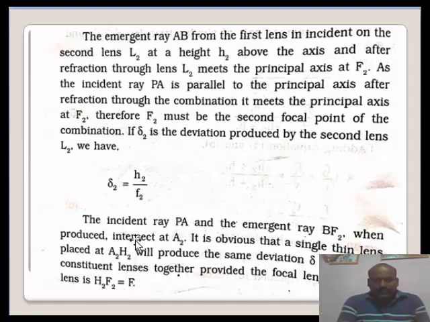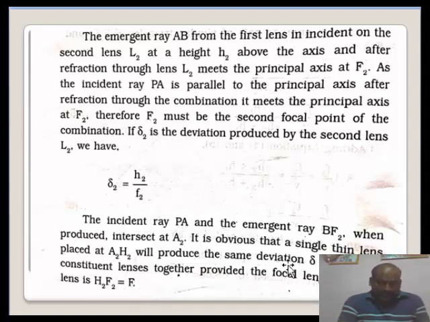When the produced rays intersect at A2, we can see in the diagram that they meet at A2. Obviously, a single thin lens is placed at A2 and S2. If a thin lens is placed at that point, it will produce the same deviation delta as the two constituent lenses together, with focal length f.